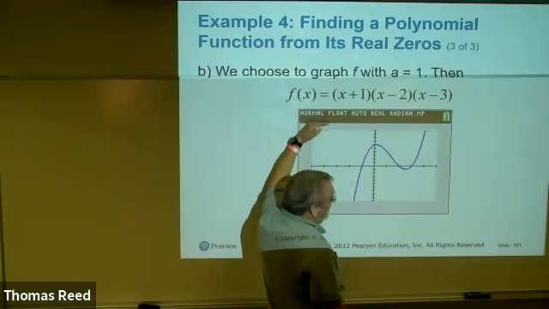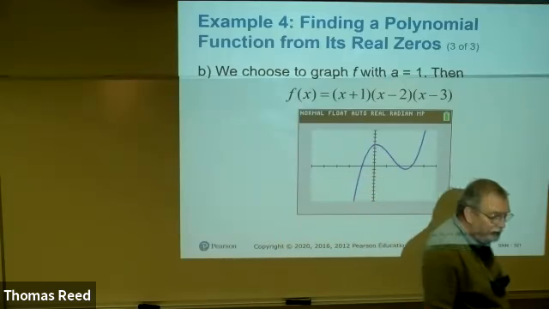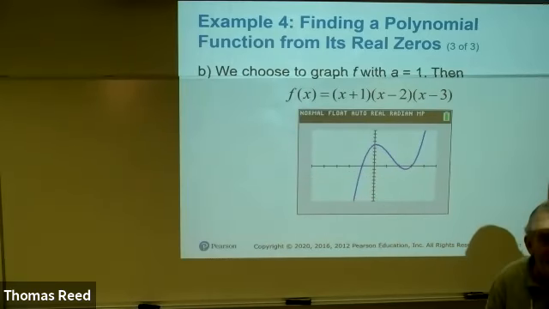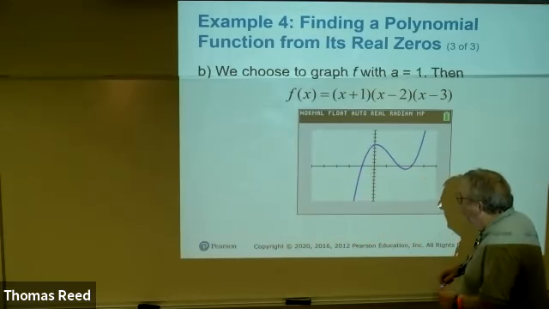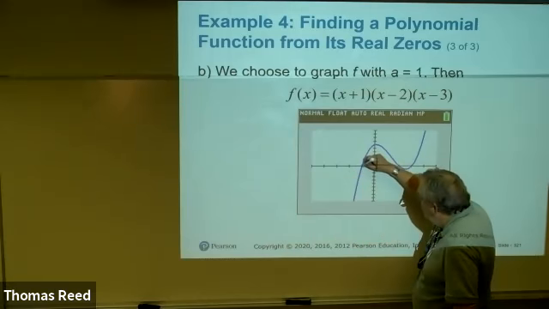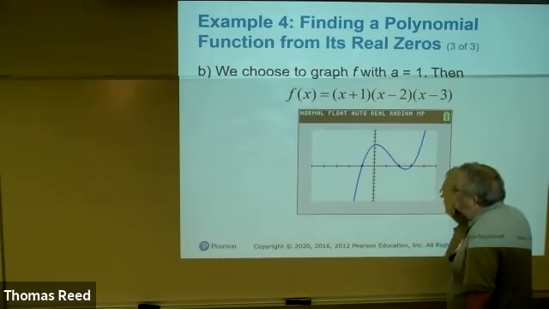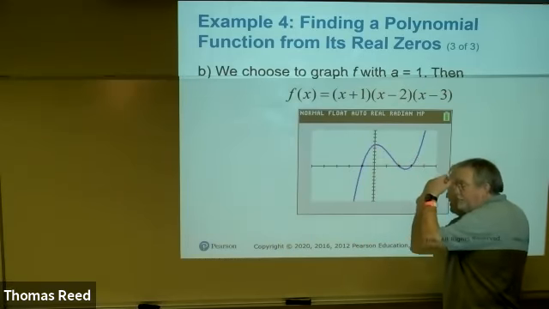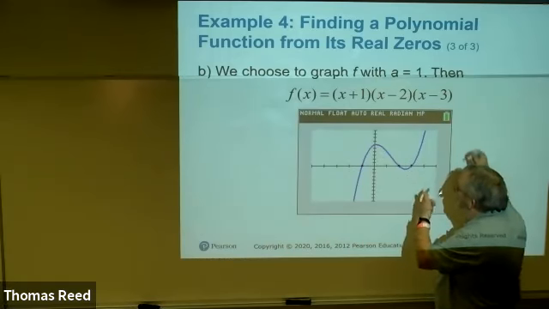And I'd put in all three of those just to see what the graph looks like compared to this one. And they all will go through these 3 points. The y-intercept will change because that'll change our constant on the end.